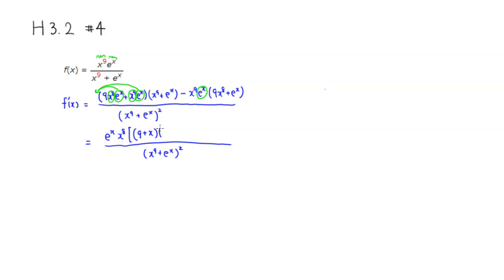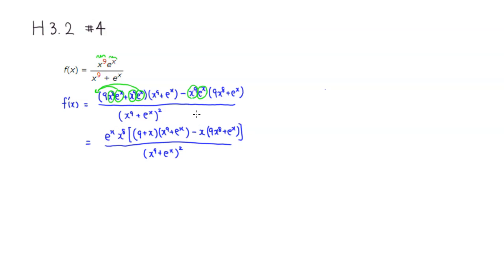And then we have x to the 9th plus e to the x, that's unchanged. And here, if you pull out x to the 8th from x to the 9th, you have another x left over. And then we still have 9x to the 8th plus e to the x. So we just pulled out the common factors x to the 8th and e to the x.